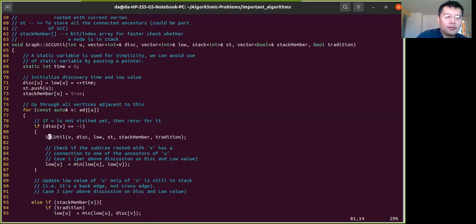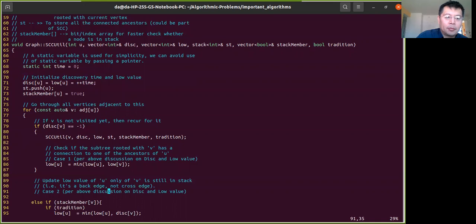This is DFS. And the low value for U is equal to the minimum of the low value of U and the low value of V.